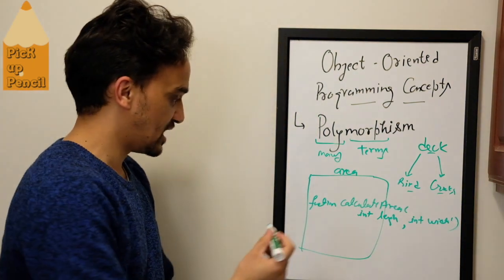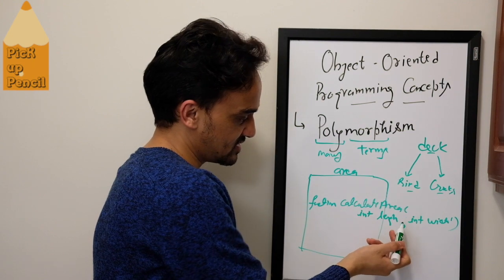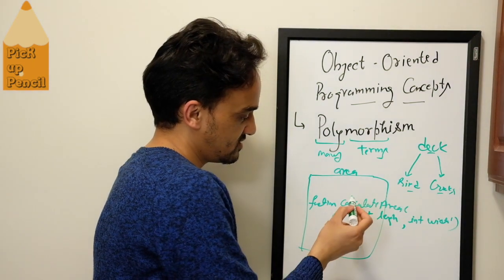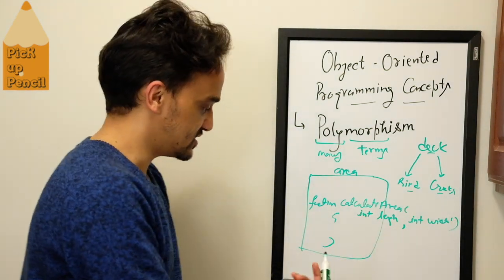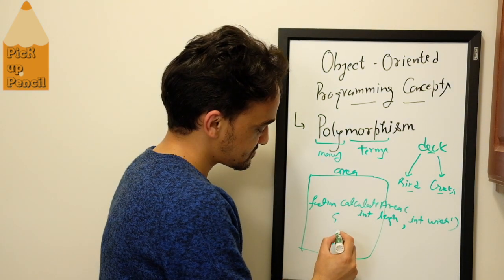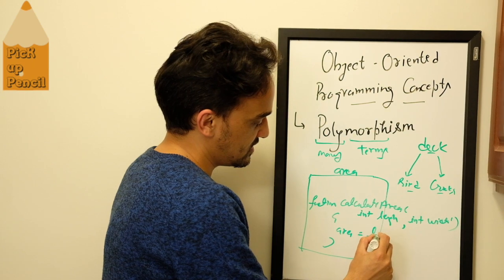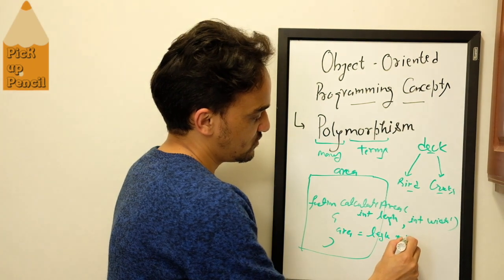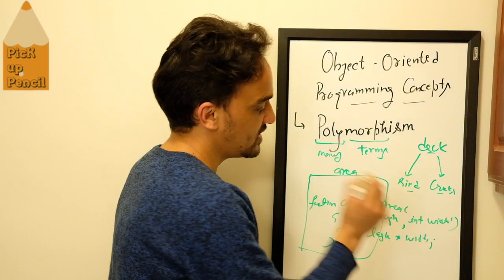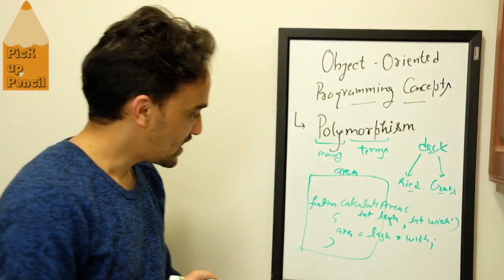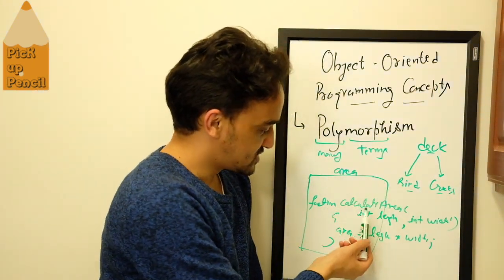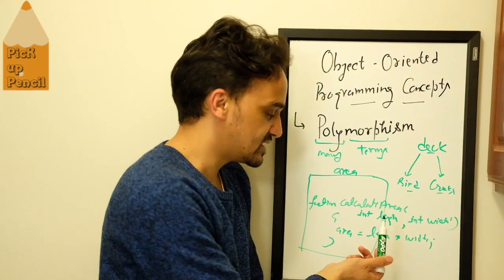To calculate the area of a rectangle, we will need length and breadth, so we'll need int length and int width. Then we can say area, and the area will be length into width, right? So this is how it works.